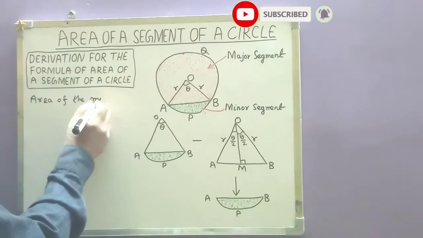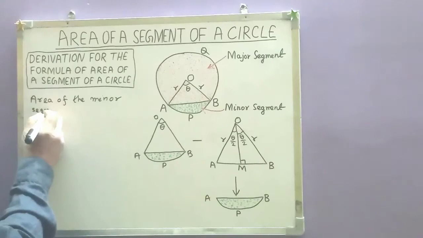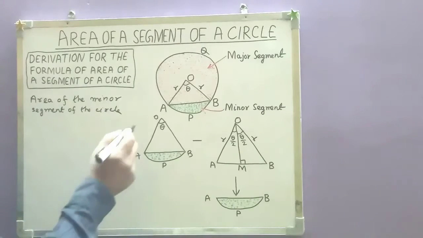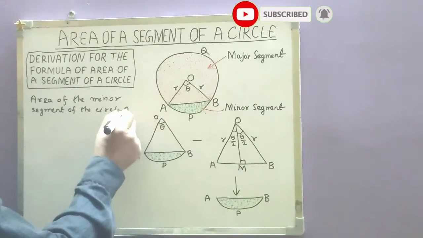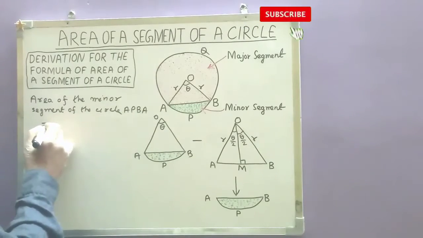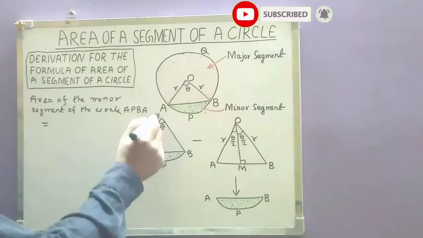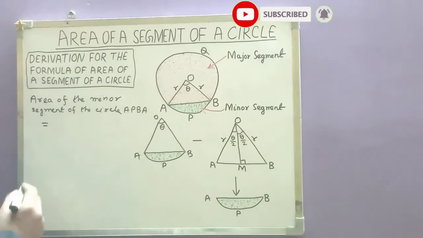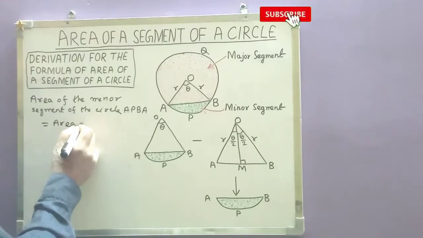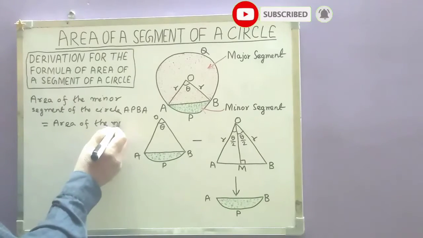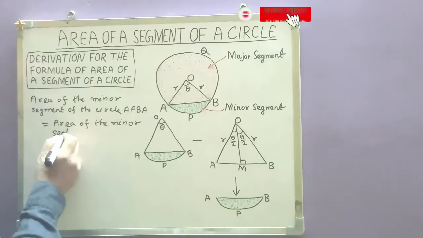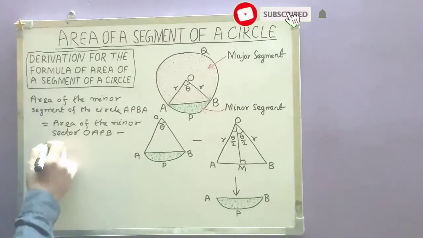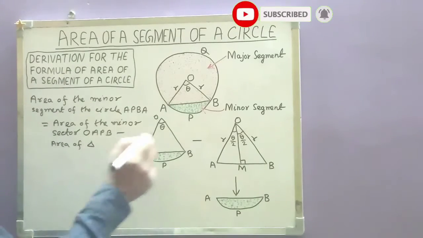Then area of the minor segment APBA is equal to area of the minor sector OAPB minus area of triangle AOB.